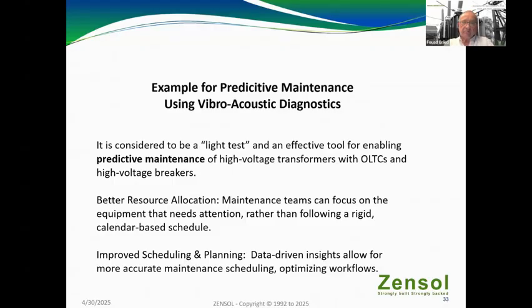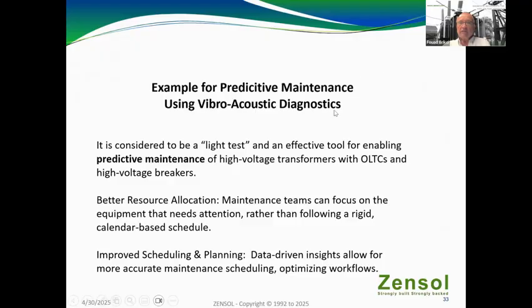This helps better resource allocation. The maintenance teams can focus on the equipment that needs attention rather than following a rigid calendar-based schedule. The idea is to improve scheduling and planning, and data-driven insights allow for more accurate maintenance scheduling, optimizing workflow.